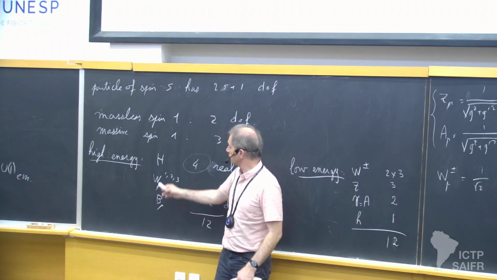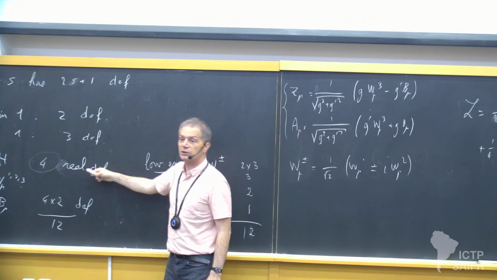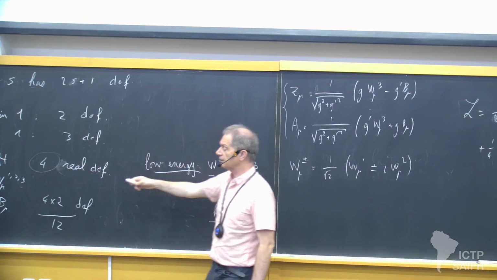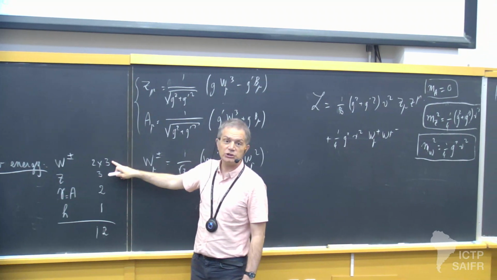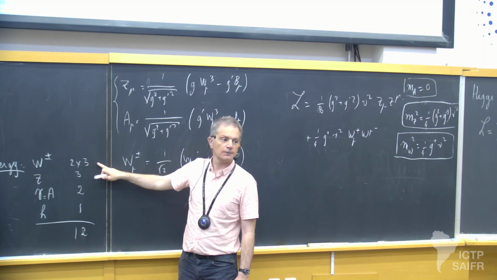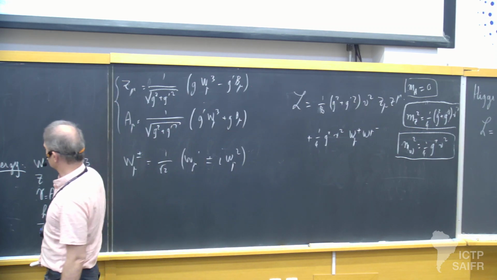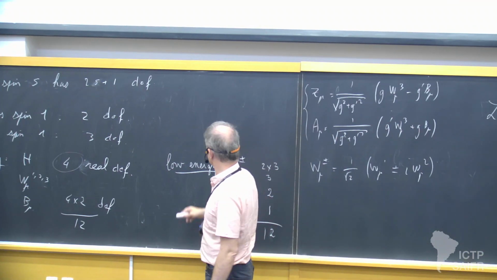The other 3 real degrees of freedom that were contained in the X doublet actually became the longitudinal component of the W and the Z. Right. So this is what we sometimes call the Goldstone equivalence theorem.